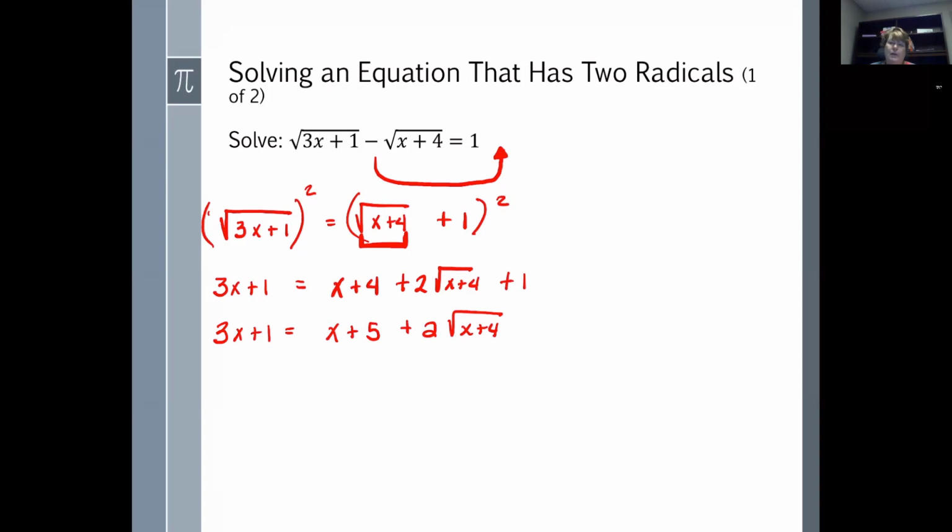So I'm going to move the x from the right-hand side to the left by subtracting it from both sides. I am going to move the 5 from the right-hand side to the left by subtracting it from both sides.